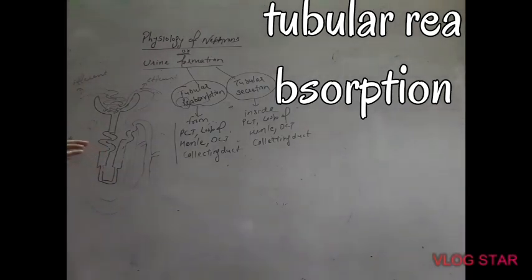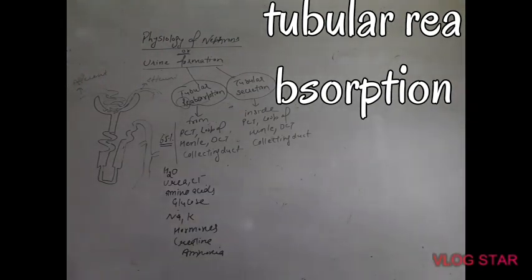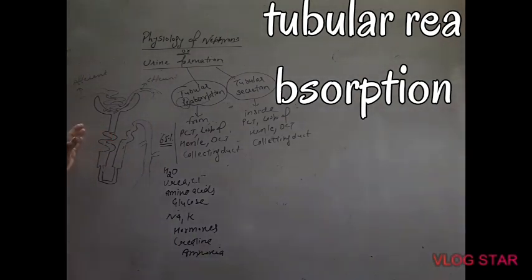Let us study how and where the reabsorption takes place. The reabsorption first takes place inside the PCT, proximal convoluted tubule. Now let us study which substances are reabsorbed here. 65% of the glomerular filtrate is reabsorbed from the PCT into the blood plasma.